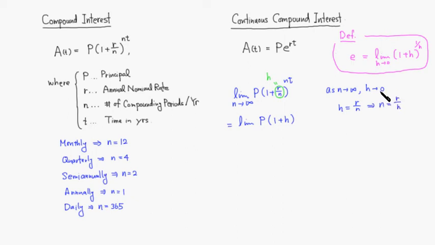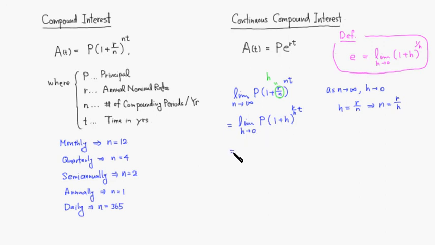Here n is r over h, so you have r over h times t. Since as n approaches infinity h approaches 0, instead of n I'm going to say h approaches 0. Since we have 1 plus h, then you have a 1 over h power, which is exactly the definition of e. So we're going to separate that.